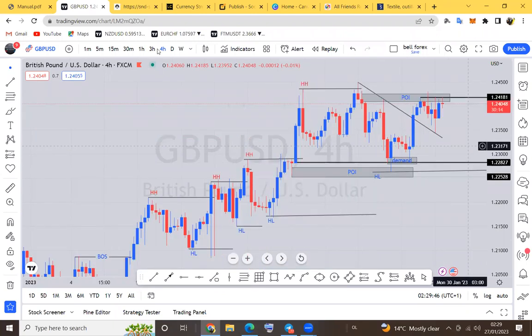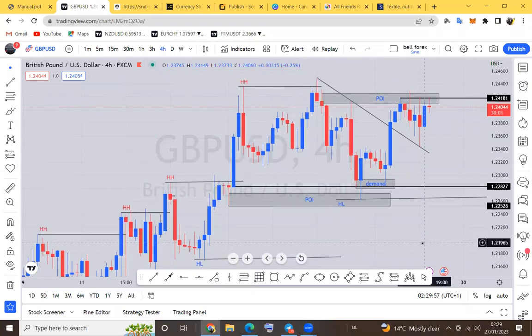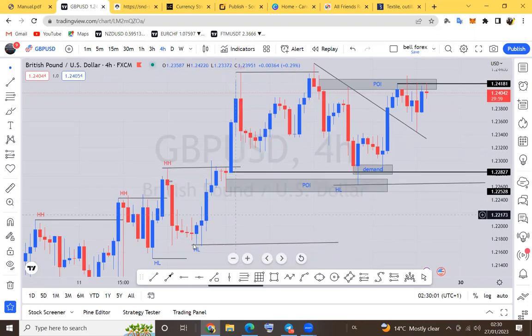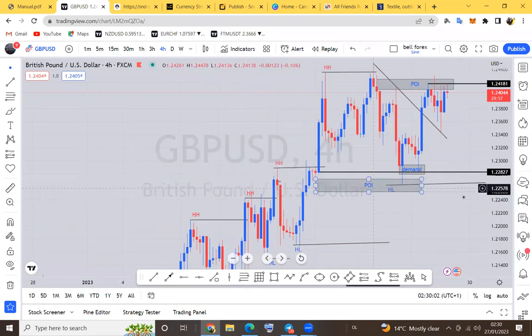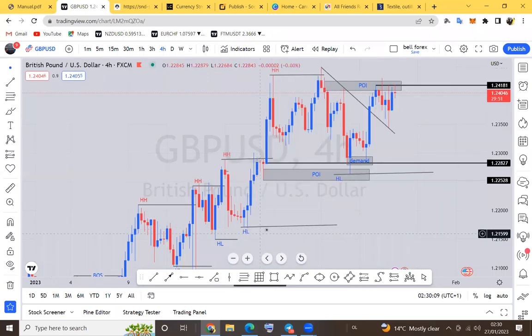So recently, my friends, we found ourselves somewhere around the structure here. And this is where we have been trading for the past week. And if you look here very well, you can see clearly that we have had a higher low here and a higher high right up here, which has not been broken.